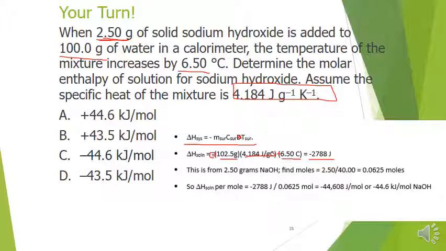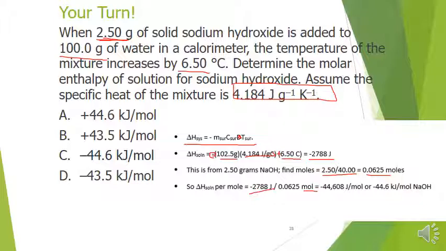So we figure out the moles of sodium hydroxide by dividing by the molar mass, and you get this many moles. So it's negative 2,788 joules per 0.0625 moles of sodium hydroxide.